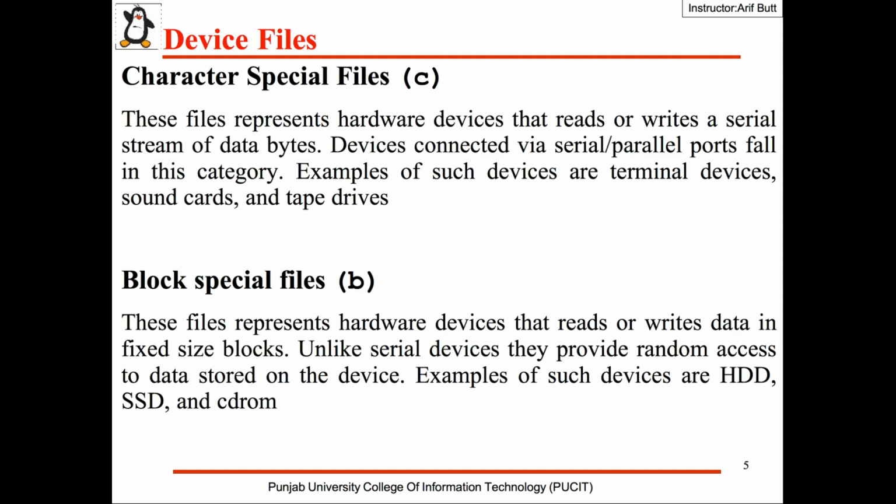The block special files represent hardware devices that read or write data in fixed size blocks. Unlike the serial devices, they provide random access to data stored on the device. Examples of block special files are your spinning hard disk, the SSD, and CD-ROM.